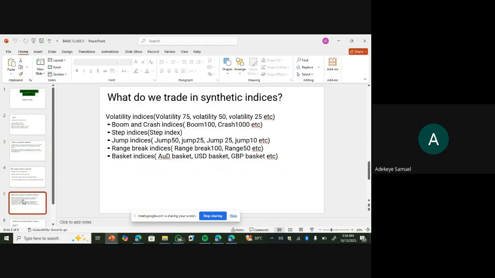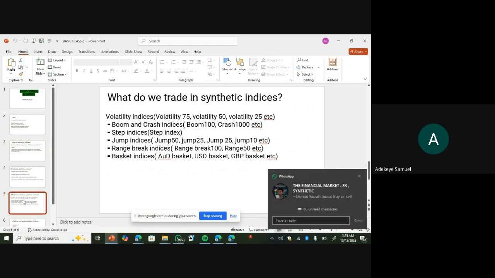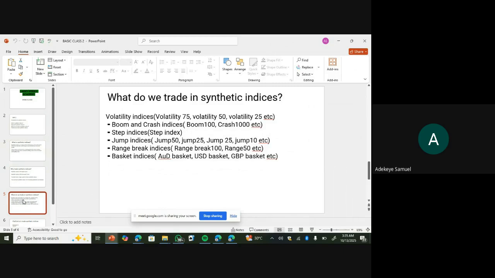We also have different volatility indices, starting from 10 to 100. We have volatility 10, volatility 10 (1s), volatility 25, volatility 25 (1s), volatility 50, volatility 50 (1s), and so on.